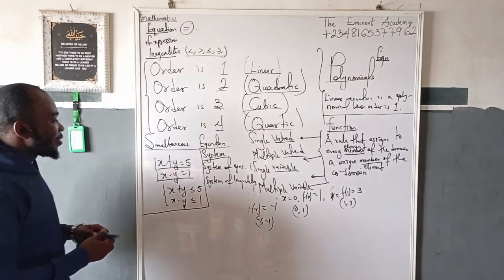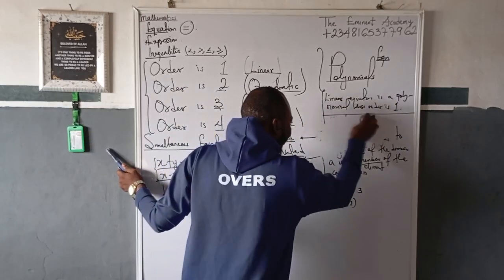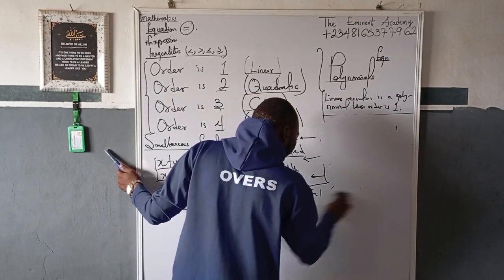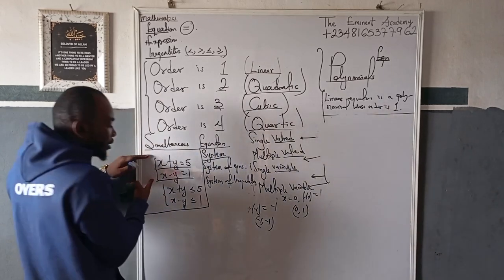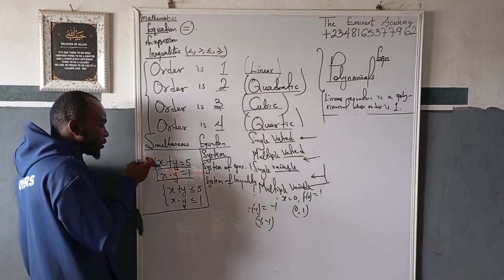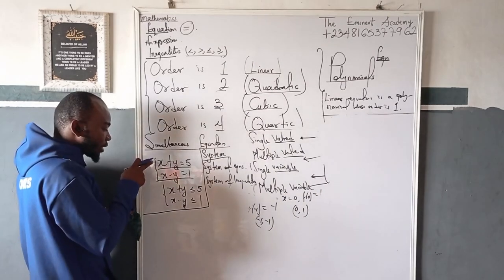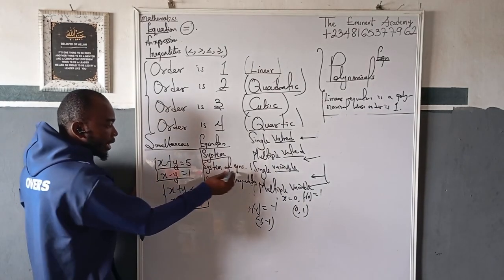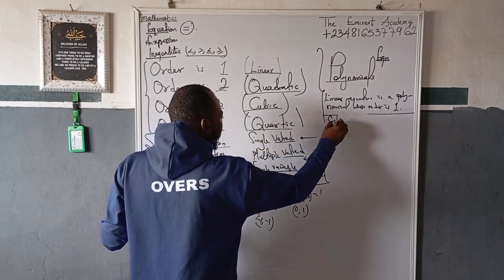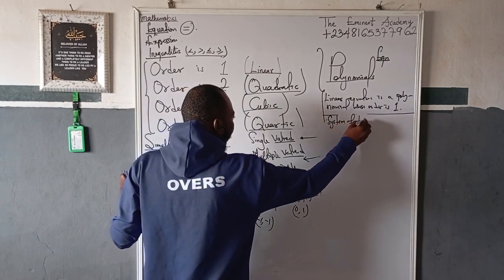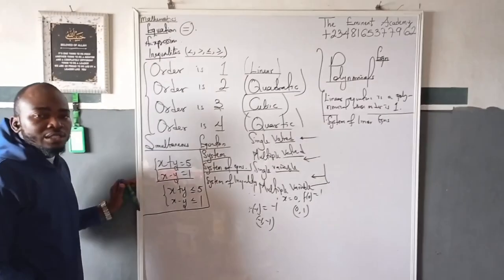Now, again, whether we name it a system or we name it simultaneous, we also have to look at the properties of each of the entities in the simultaneous. If both the first and the second equation are linear, I can extend this name and call it a system of linear equations.